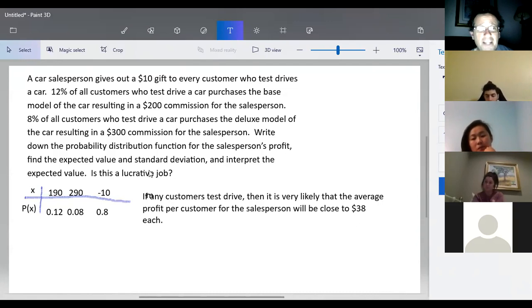Okay, the standard deviation was around 98. That's in dollars. Is that a high standard deviation? What do you think? Take a look. The mean, the expected value, is 38. Is 98 a high standard deviation or not? Yeah.